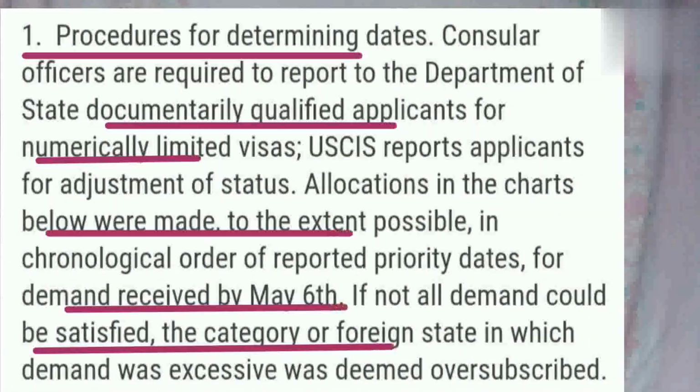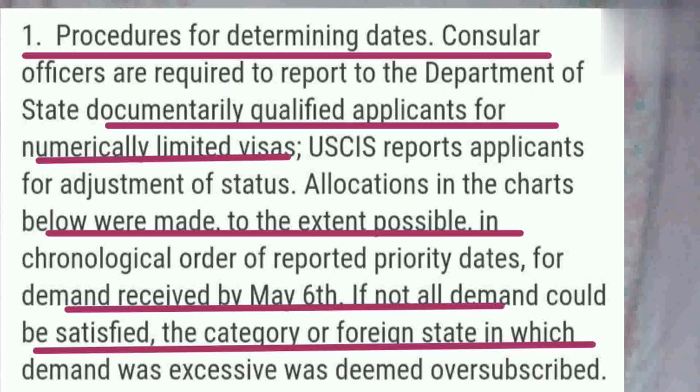Number 1. Procedures for determining dates. Consular officers are required to report to the Department of State documentarily qualified applicants for numerically limited visas. USCIS reports applicants for adjustment of status. Allocations in the charts below were made, to the extent possible, in chronological order of reported priority dates for demand received by May 6th.